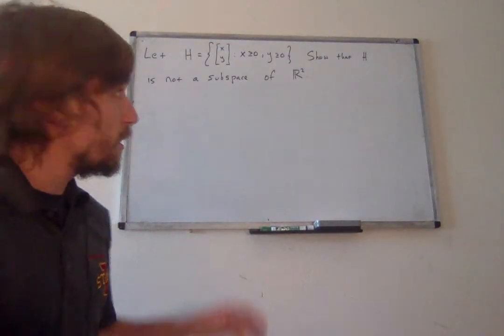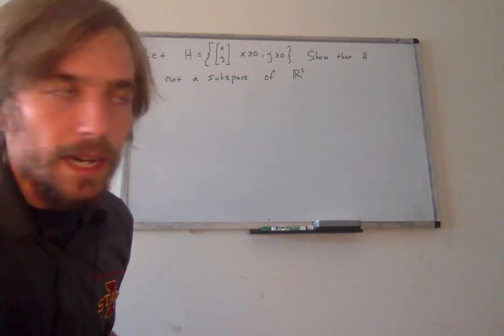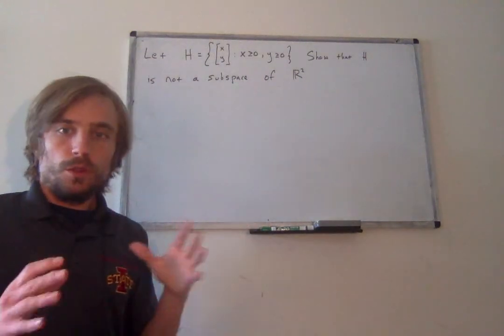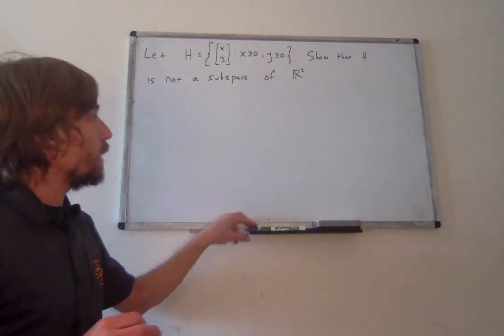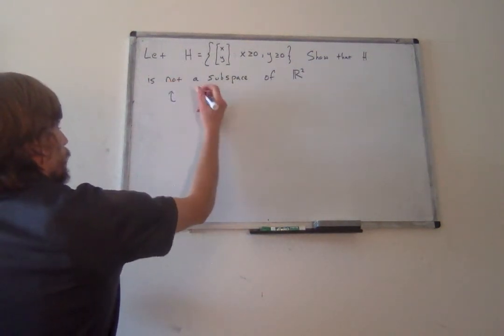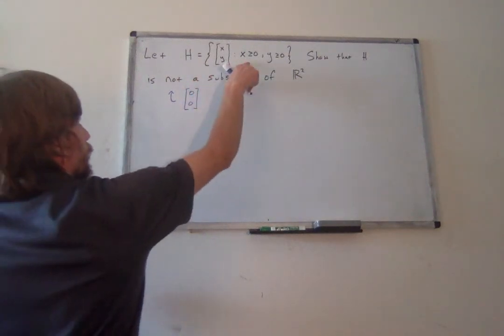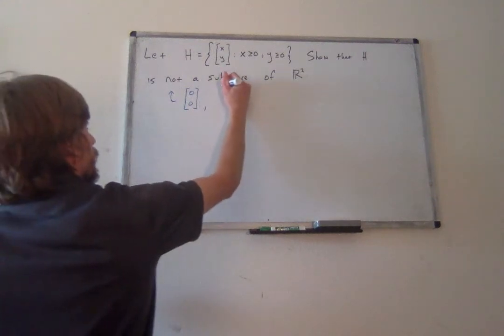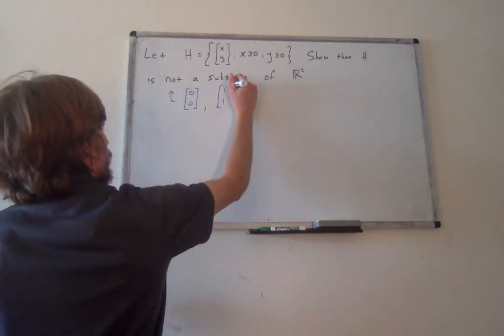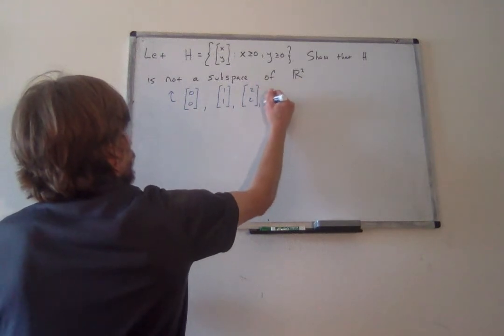So whenever I'm given something like this, what I always like to do is start to write out the most fundamental vectors I can think of in the space. What do some of these vectors look like? Well, right off the bat, I know that the 0 vector is contained here. Maybe 1, 1 is contained, 2, 2 is contained.